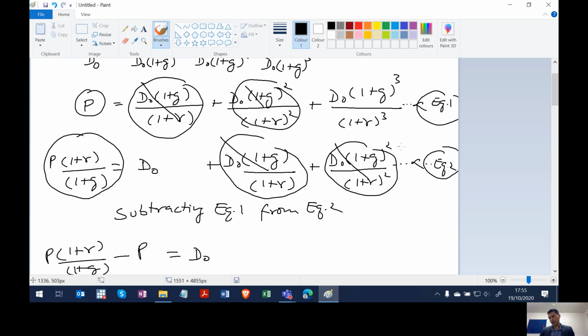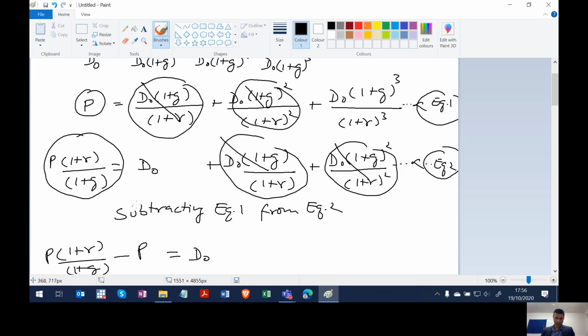And it goes on forever, and the only term remaining will be this to the power infinity, because this could be cancelled with the next term we could expect here. But as long as we assume that R is greater than G, in which case the required rate of return is greater than the growth rate, this infinite term is going to be very close to zero. That will approach zero. So close to zero that we will simply ignore it.